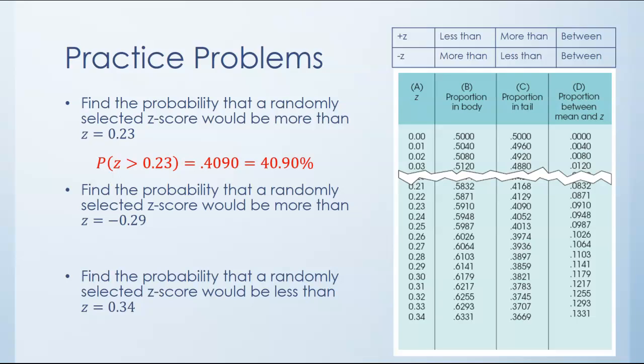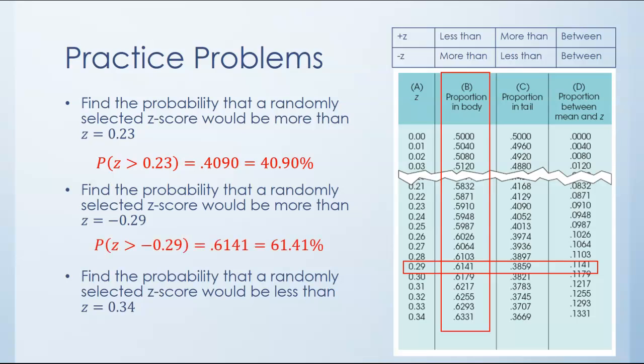It says find the probability that a randomly selected value would be more than negative 0.29. So this is a negative value. We're still going to find 0.29, but this time because we want more than of a negative value, we're going to use column B. So finding 0.29 first, and then using column B, the probability of z being greater than negative 0.29 is 0.6141, or 61.41%.